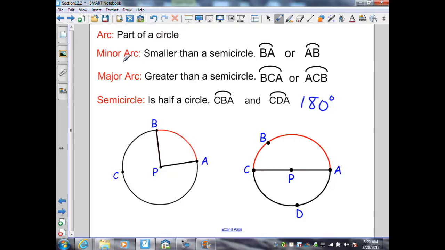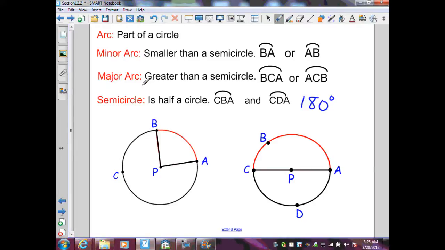The minor arc is identified by the points on the circle, here BA or AB, and I know this is an arc because of the symbol above the 2 points. Minor arcs are identified by at least 2 points and can be identified with 3 points depending on how many central angles and arcs I have in the diagram.